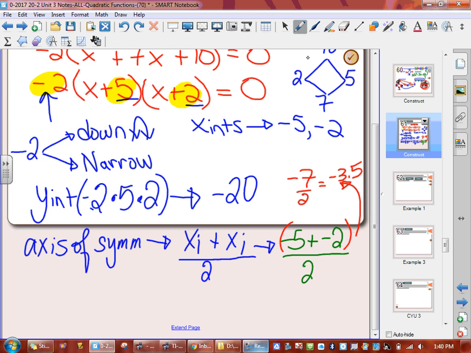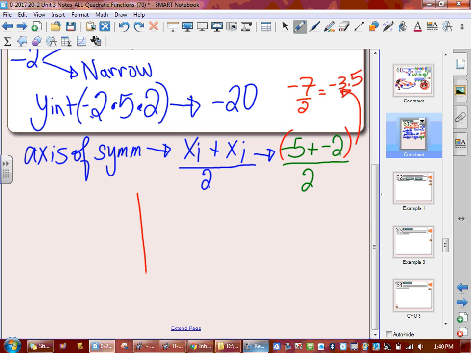So right now, to sketch this graph, it's touching -2, way down here at -20. It's touching -5. Okay? And the axis of symmetry that cuts this graph in half is at -3.5.